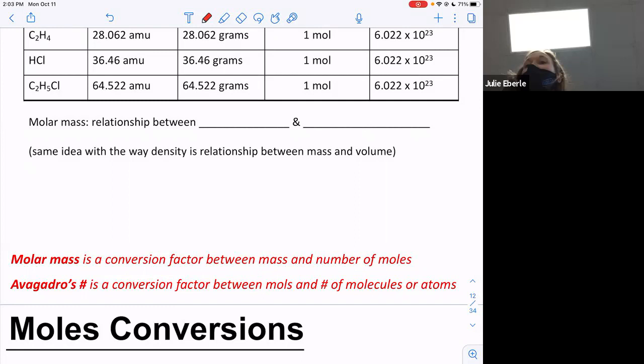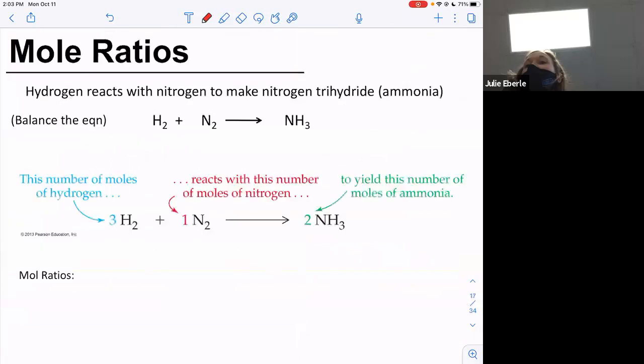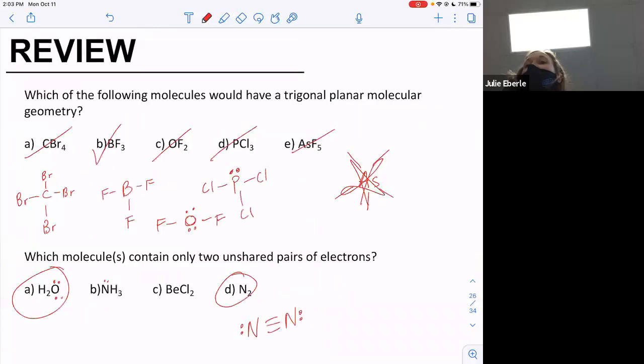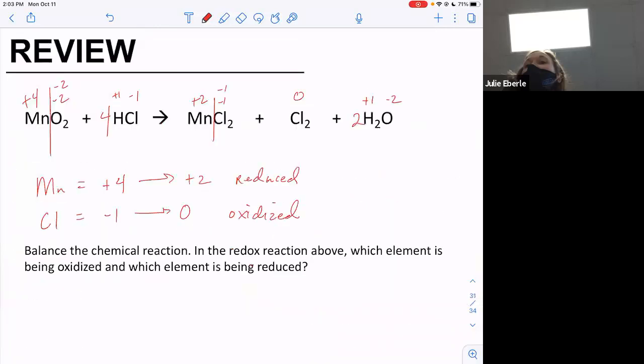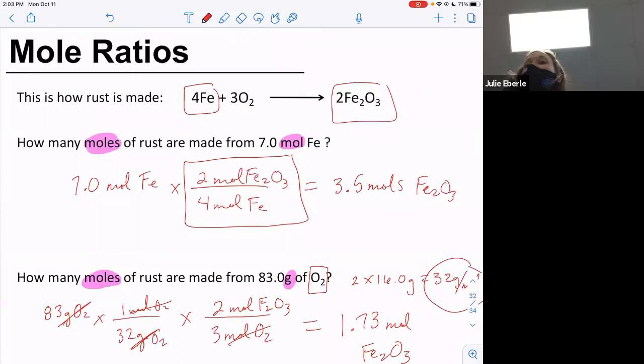Okay, let me just go back to the problem we just worked here. Here is why I highlighted these units. I have a problem that says how many moles of brass are made from 7 moles of iron. If it gives you units of moles for one thing, and it's asking for moles of something else, then you have to use a mole ratio there.